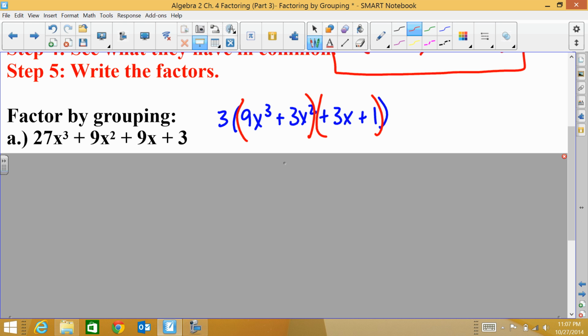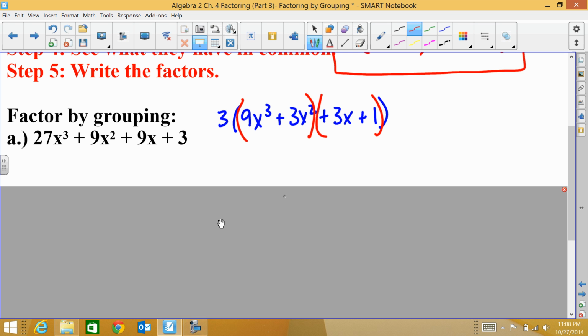Okay, after I've grouped them, I need to take out the greatest common factor from each group. So I leave this 3 in front. Then the greatest common factor of 9x cubed and 3x squared, I could divide both of those by 3.